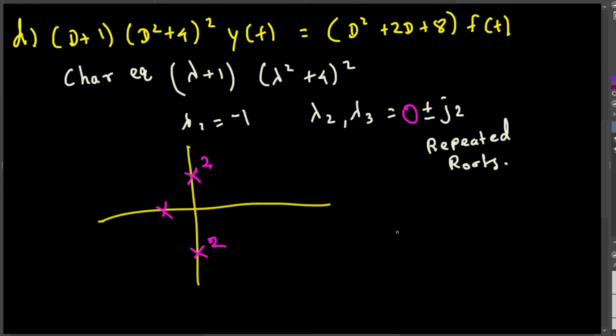So this is going to be, we can say, repeated roots on the imaginary axis.